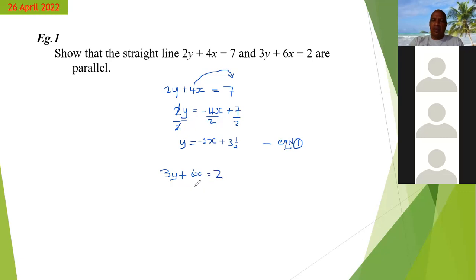And we're going to do the same thing, bring the 6x to the right-hand side of the equation, and that will leave us with 3y on the left-hand side. We'll write the 6x in front, so -6x plus 2.